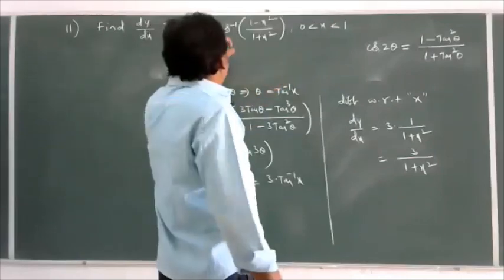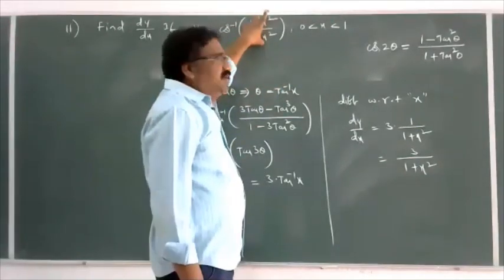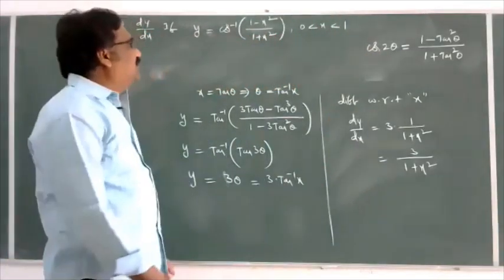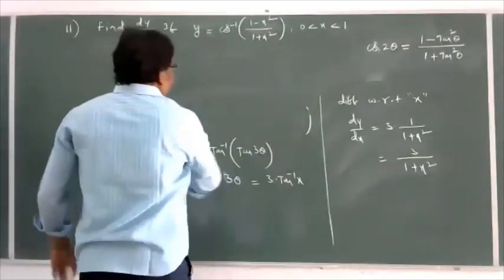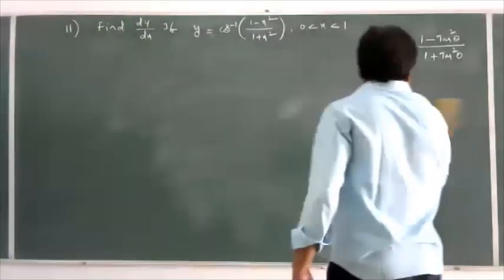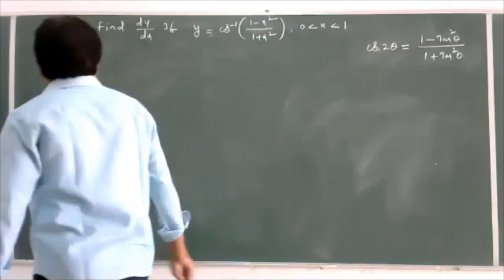Why this formula here? Cos inverse is given, so we require cos here. That's why here also the substitution is x is equal to tan theta.